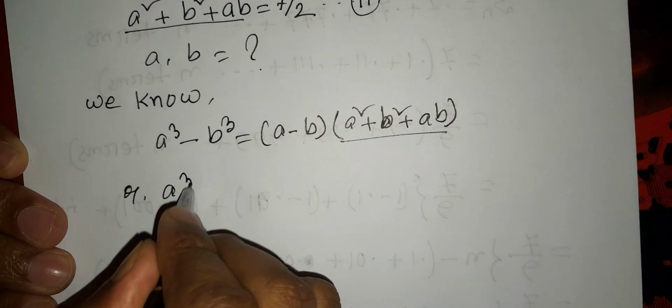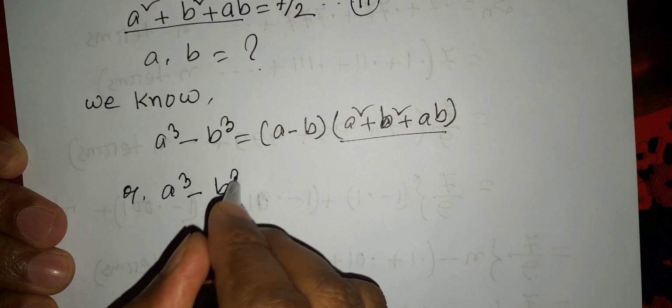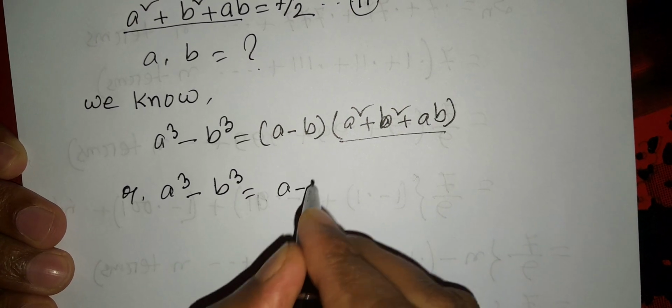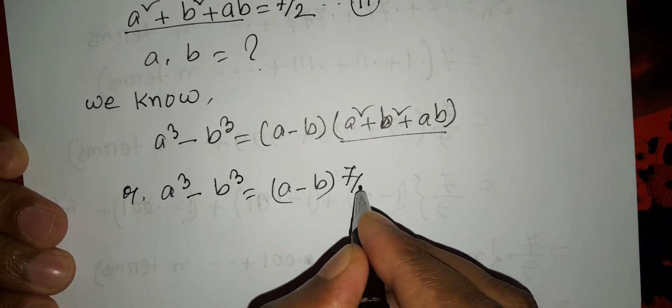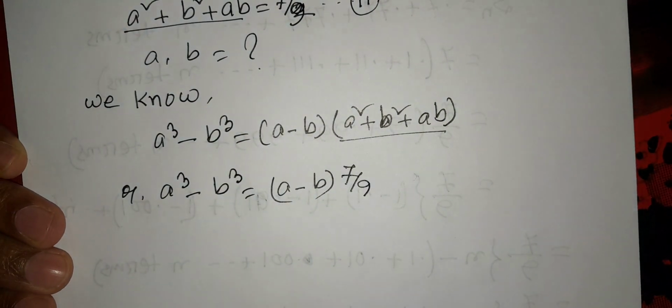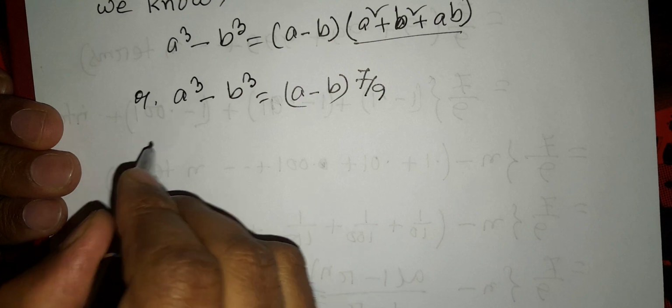So we use a cube minus b cube, which is a minus b into 7 by 9.